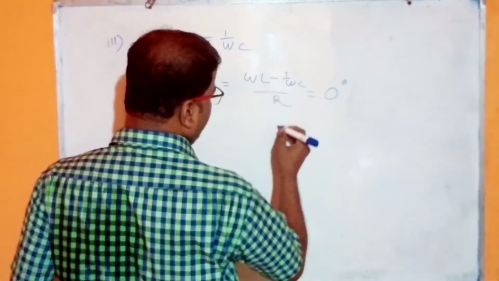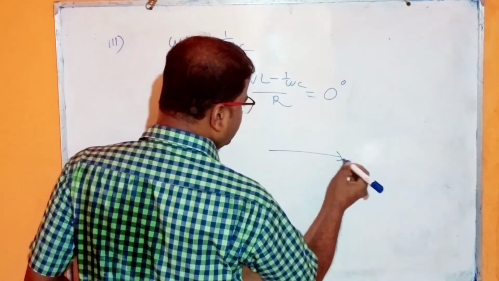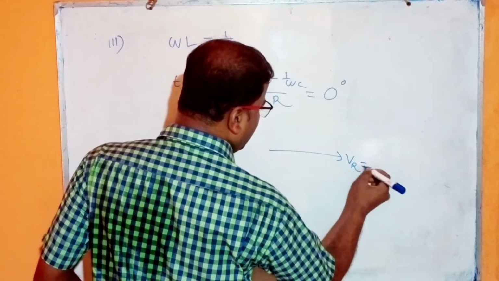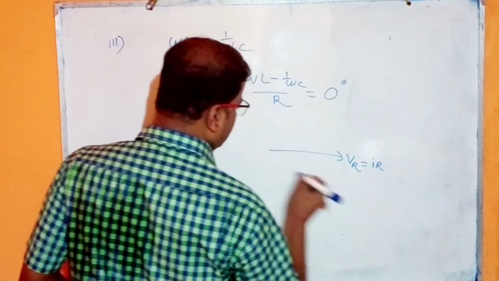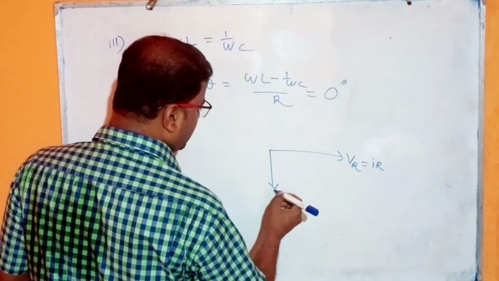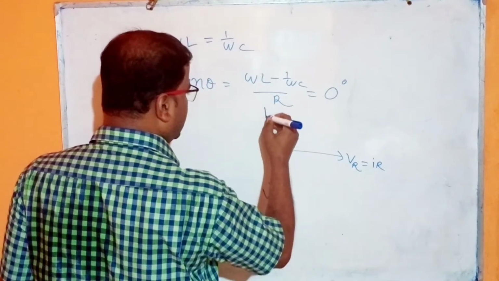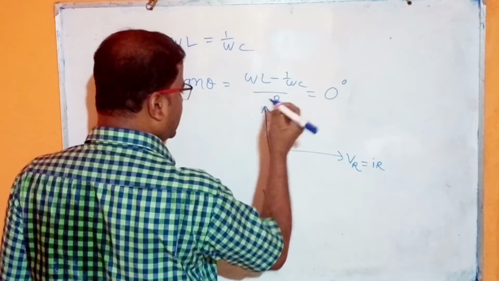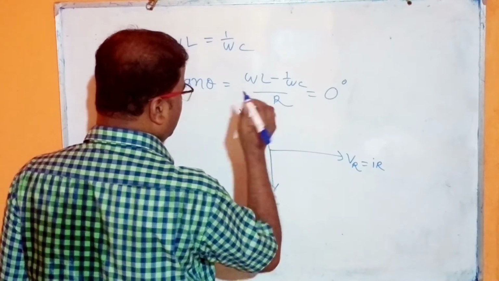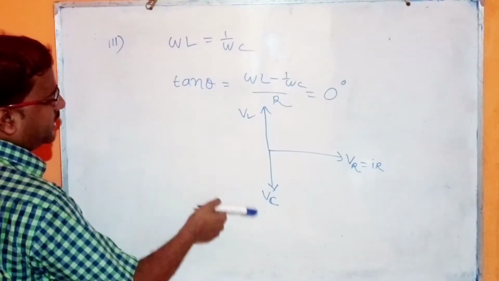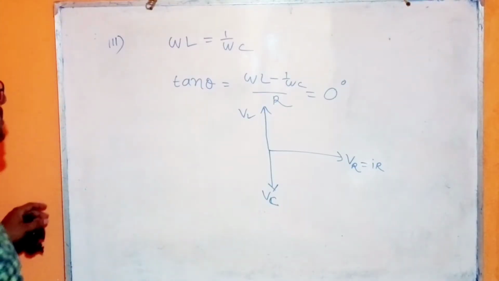What does it signify? This is voltage across resistance, this is voltage across capacitance, and this is voltage across inductor. Here we see that VL and VC are equal.